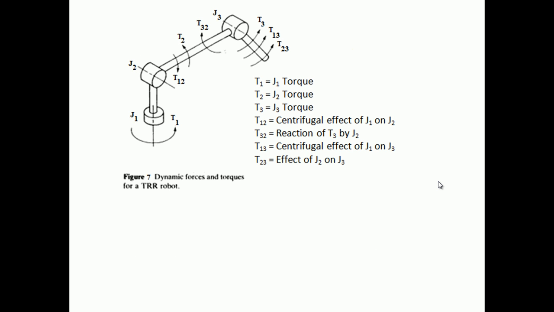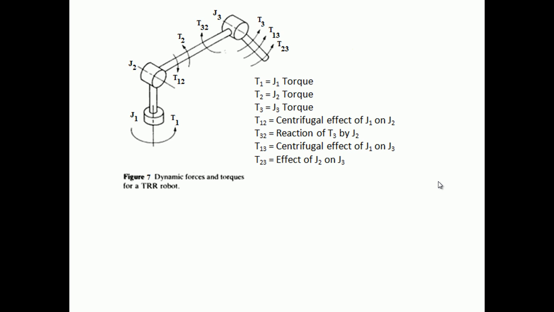So this is simply the dynamic forces and torques of a TRR robot. You know the T means twisting, R means revolute, and R means revolute. So you can see a schematic diagram of the TRR robot, how it will work.